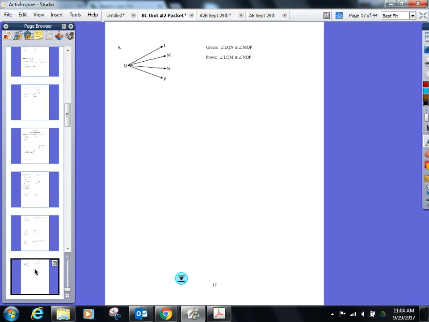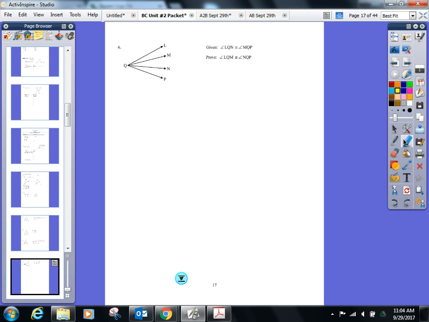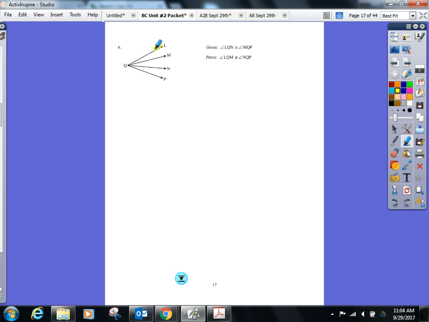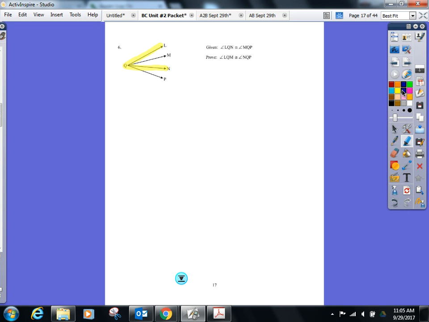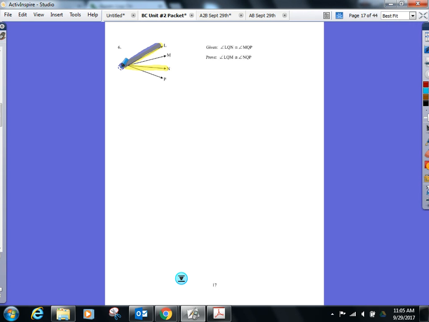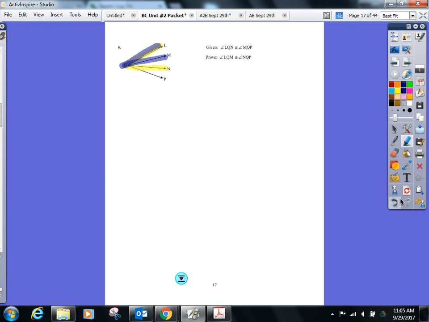Anything? Yes. Well, look, take a look. You're going LQN, right? LQN, and you've got to prove that LQM. So what am I going to have to subtract from this yellow angle? MQN, that one in the middle. Let me put arc marks on there instead.